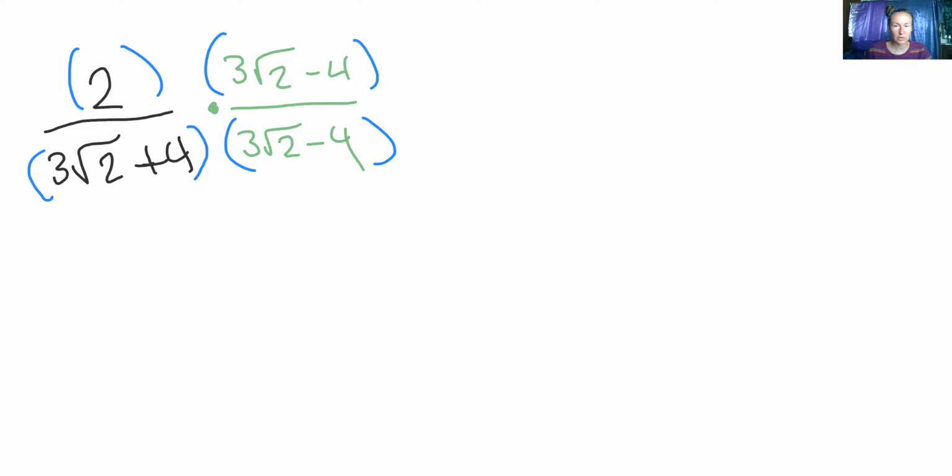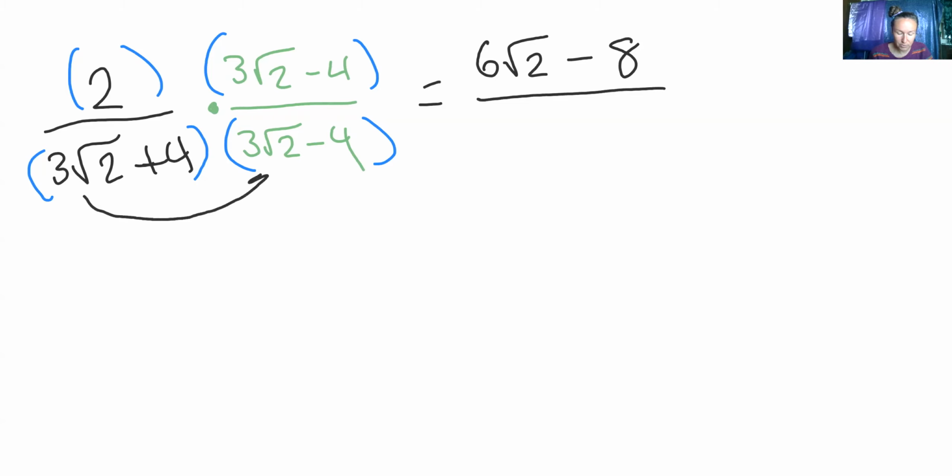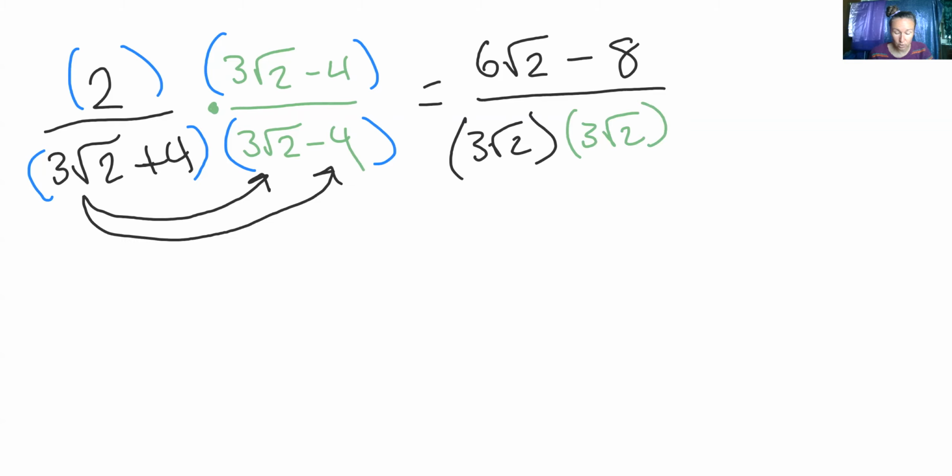So when we do our distributive property, the numerator is just going to be 2 times 3 root 2. So we're going to get 6 root 2, and then 2 times negative 4, so negative 8. In our denominator, 3 root 2 times 3 root 2. And then we've got 3 root 2 times negative 4.